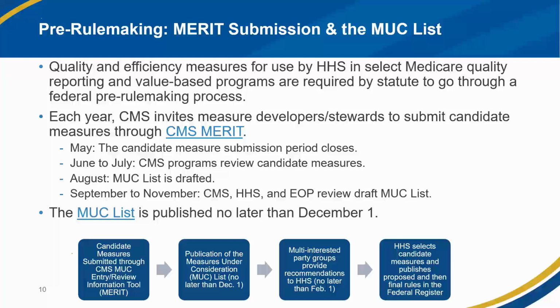You see that represented in that second bucket there. And then from there, per the statute, a multi-interested party group provides recommendations to HHS no later than February 1st. And then we take those candidate measures and propose the ones that we would like to propose in the rules. Next slide.